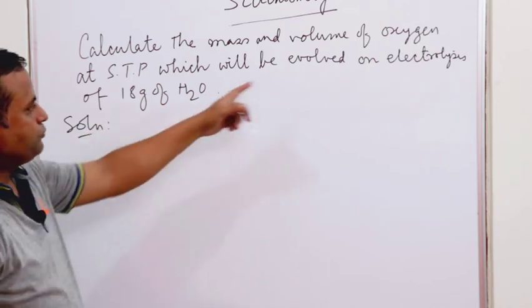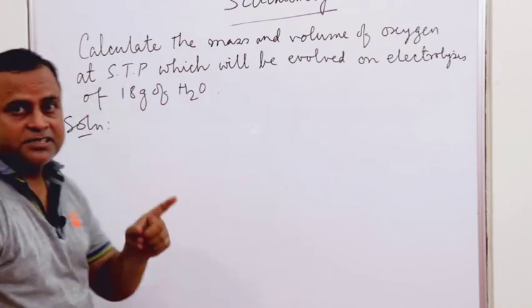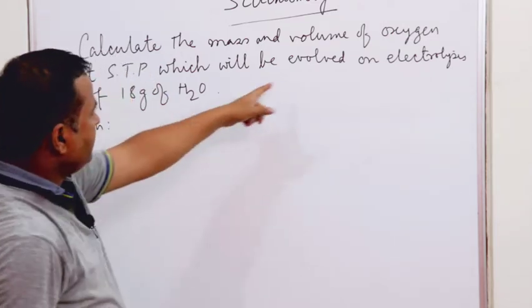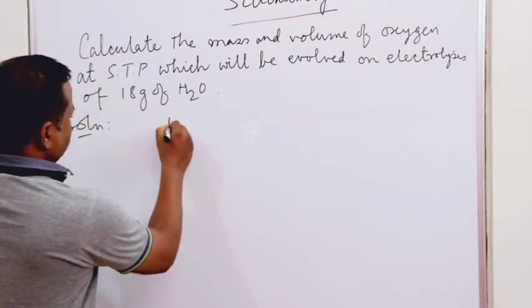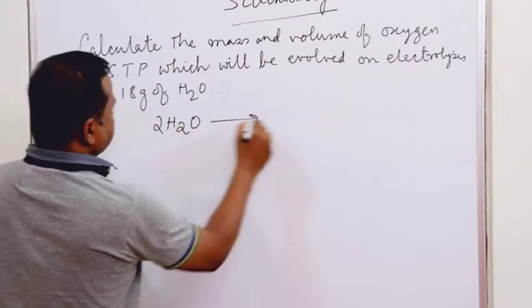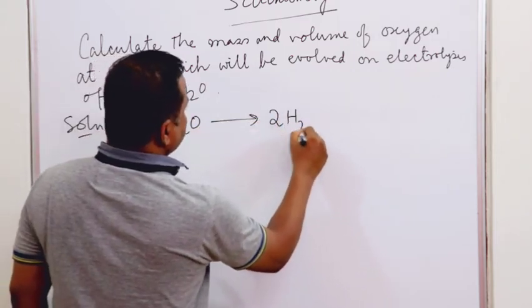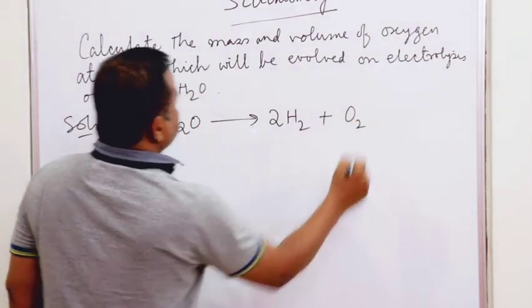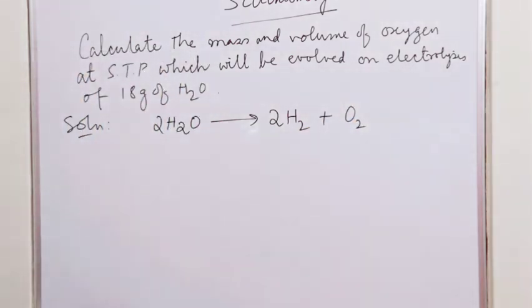First step, you have to write the balanced chemical equation. So here the electrolysis of water, that means breaking of water. This breaks into 2H2 plus O2. So this is the first step, that is write the balanced chemical equation.